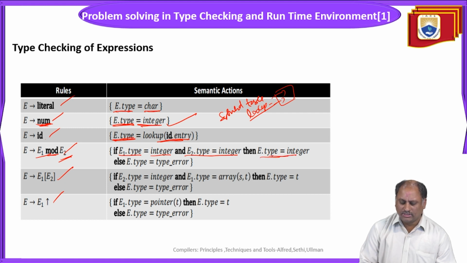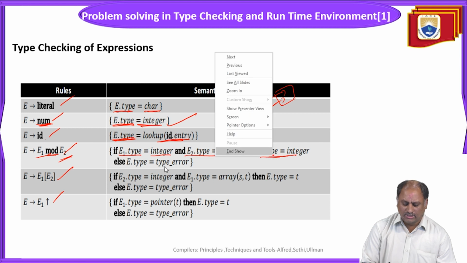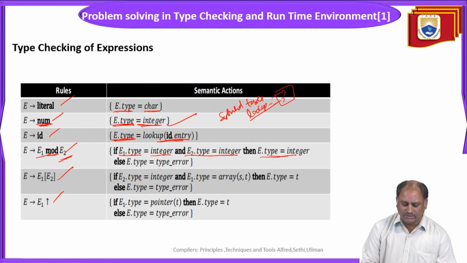Suppose if something other than integer is specified, then the resulting expression is written as else type underscore error. So based on the value of the resultant expression after performing this operation e1 mod e2, the result value of the expression is also specified.